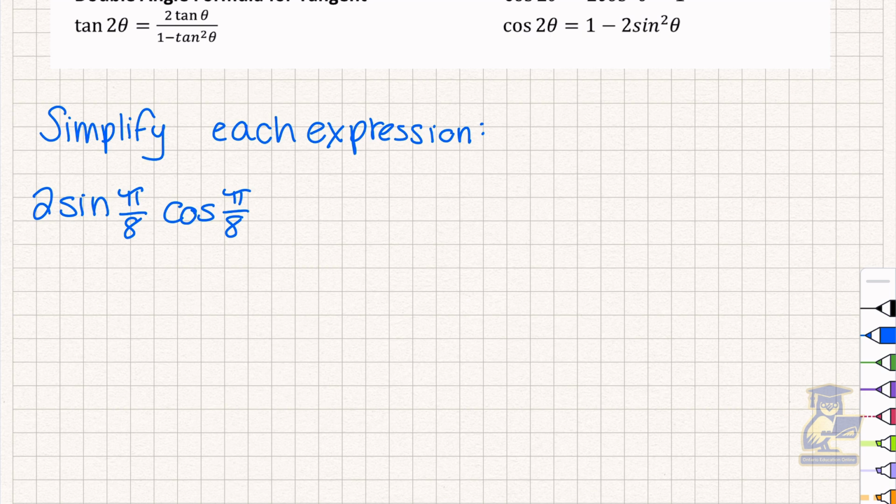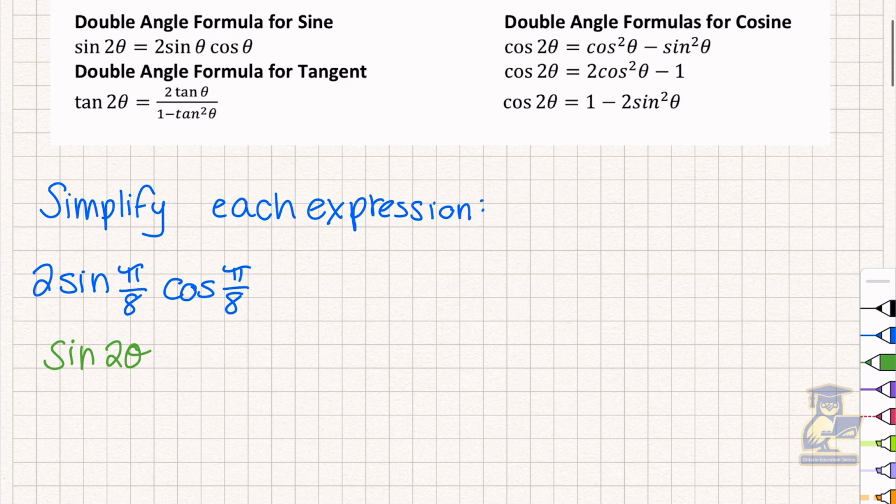over 8 cos pi over 8. Now, we're going to be using sine 2 theta for this one, because this is derived from the double angle formula for sine.